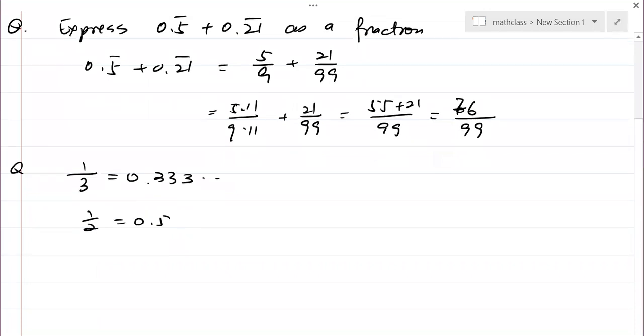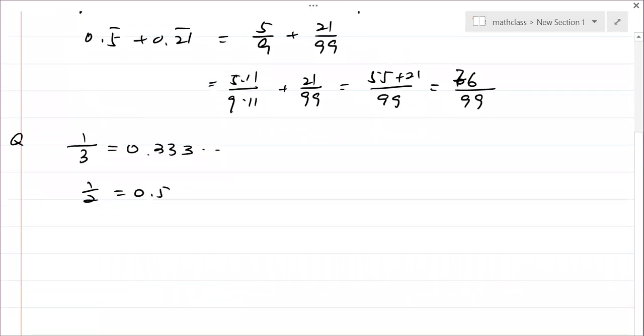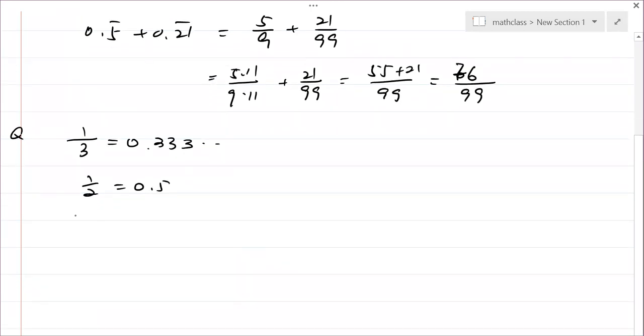So for what kind of integer is its reciprocal a terminating decimal? That's the question. For what kind of positive integers is their reciprocal a terminating decimal?